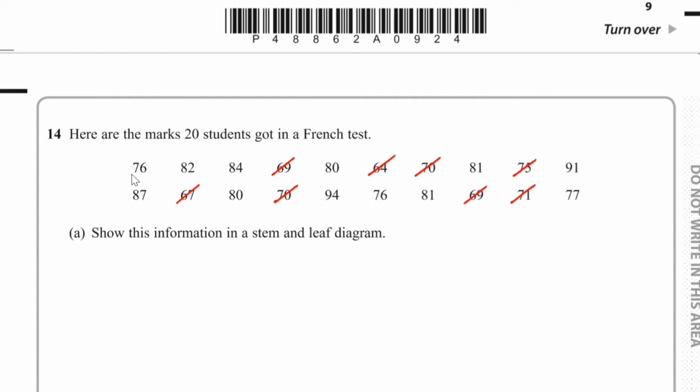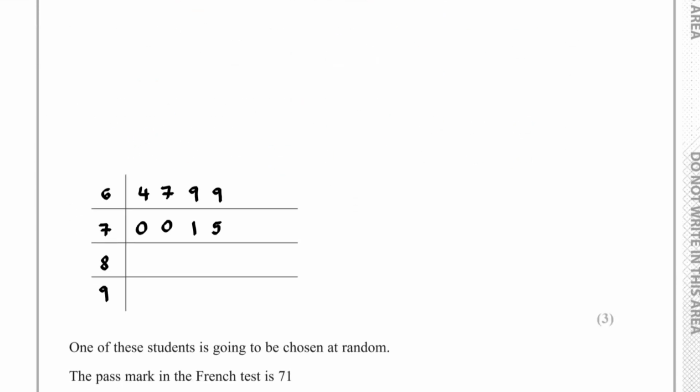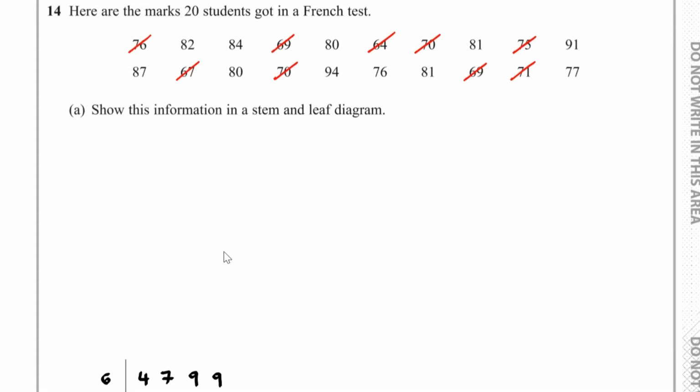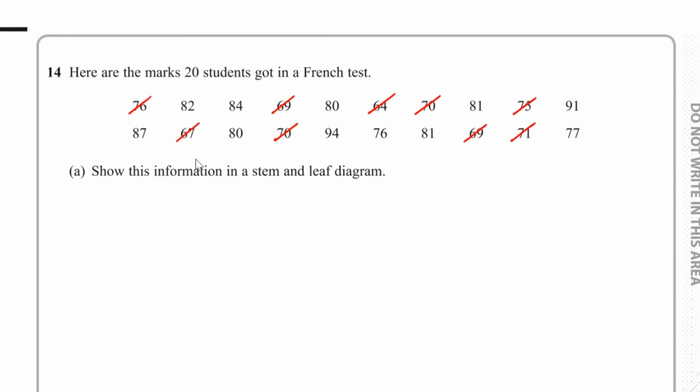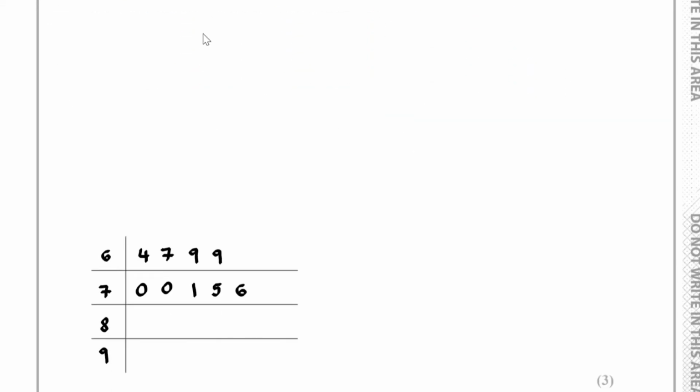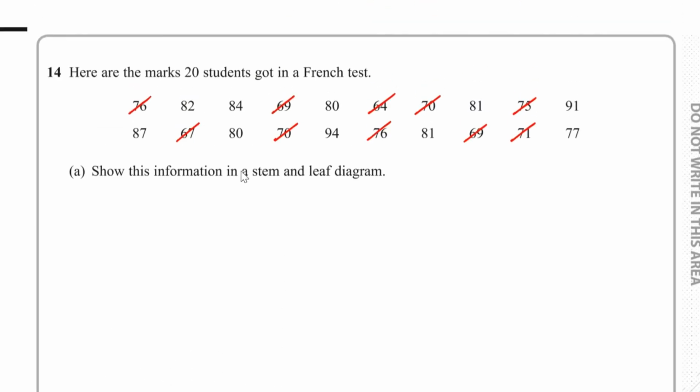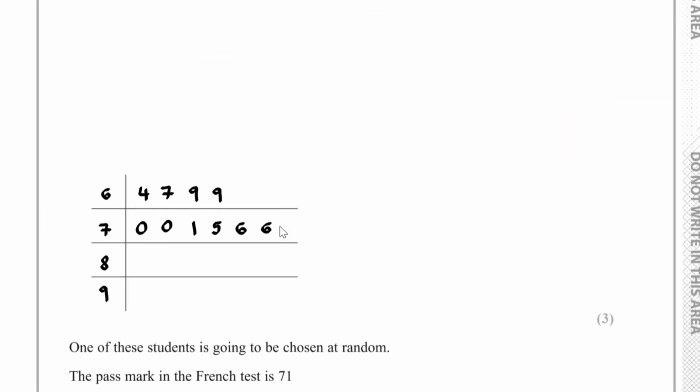So let's cross off the 76. And then we've got another 76 here. And then we've got a 77 here. So we cross off this 77.